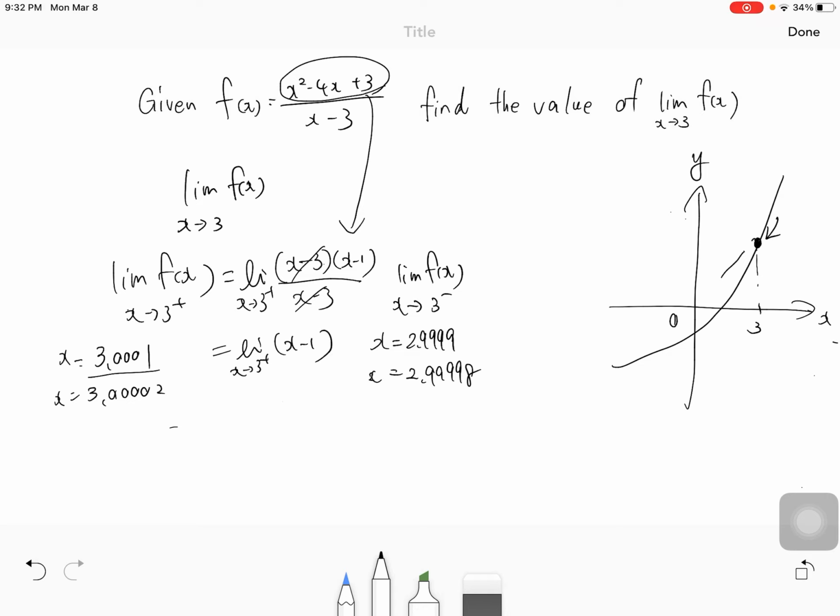Then you are going to plug in the value x is really close to 3 but a little bit bigger than 3. But you don't need to write it like 3.00001 minus 1 or something like that. You can just simply plug in 3 this time.